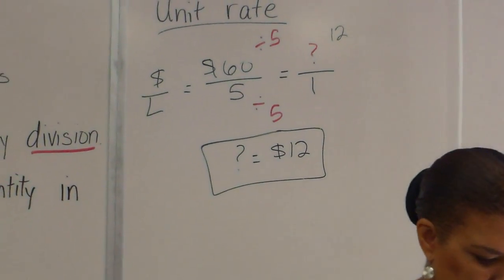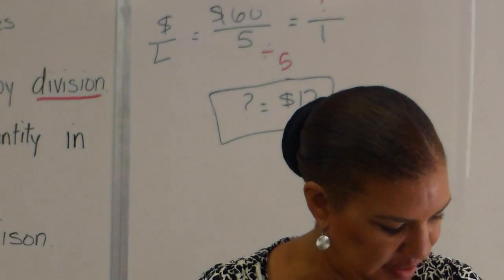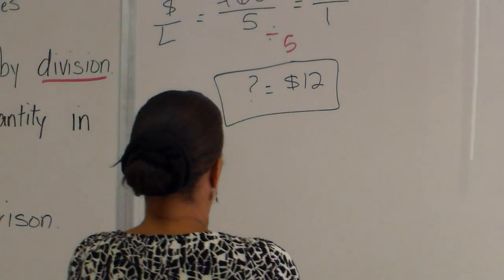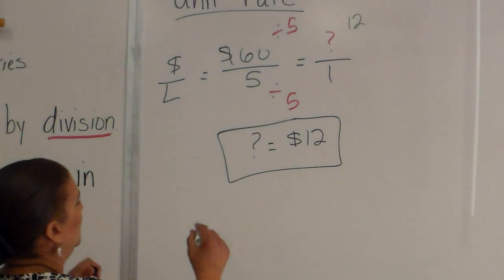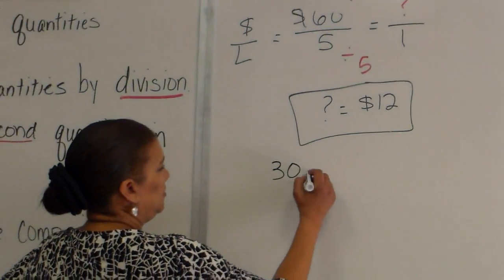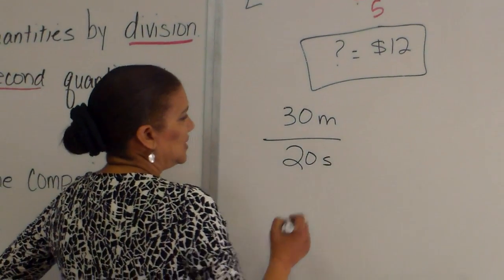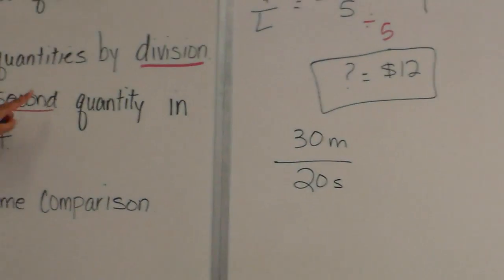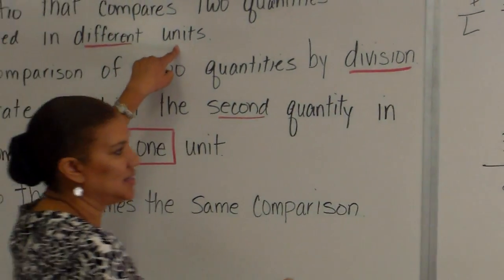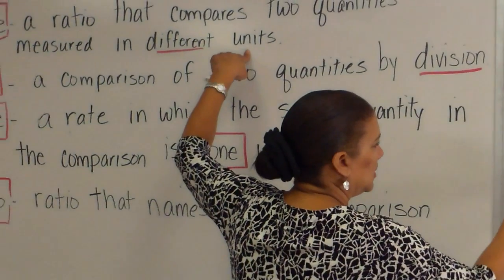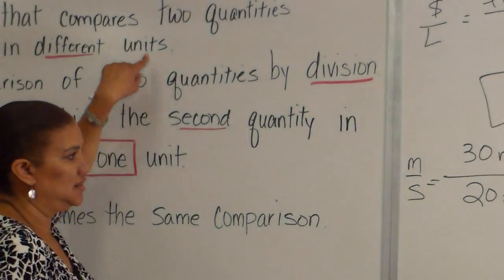Michael walks 30 meters in 20 seconds. 30 meters, 20 seconds. What are my 2 units? My different units? Meters, seconds.